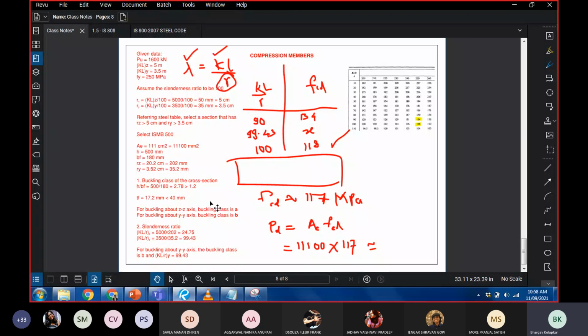Give me some time to figure it out. We will quickly revise this again in the next lecture, and then we'll start with the design of steel beams.